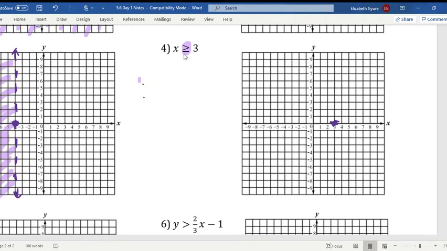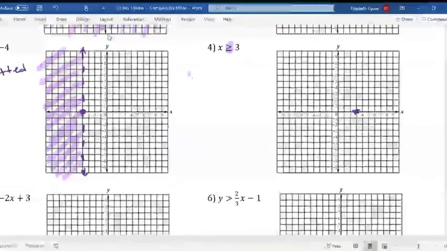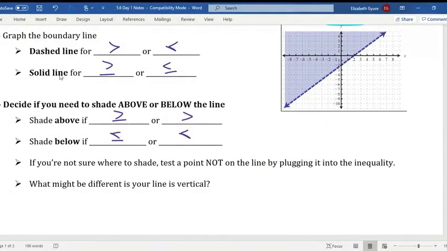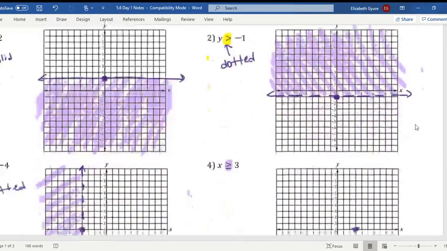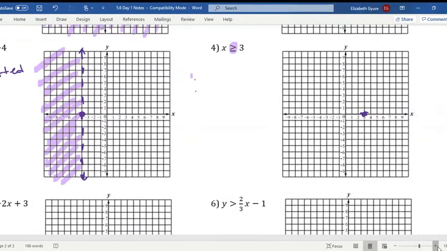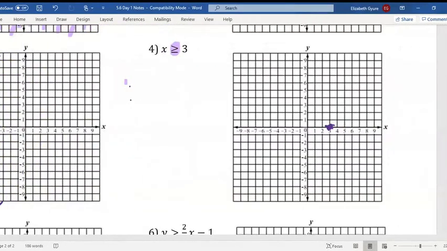If it's or equal to, let's go back and look. If it's or equal to, we should use a solid line, because that's like when we had a closed circle versus an open circle. This would be a closed circle problem, so we use a solid line. Does that make sense, Asia? Okay, so we're going to use a solid line.